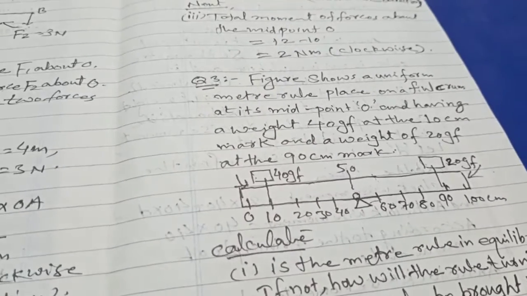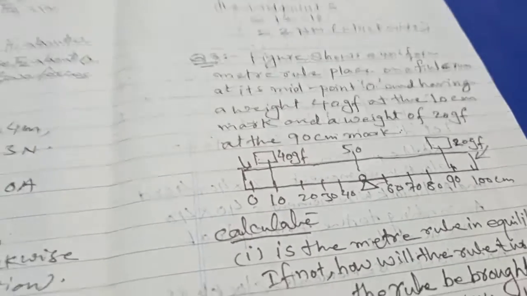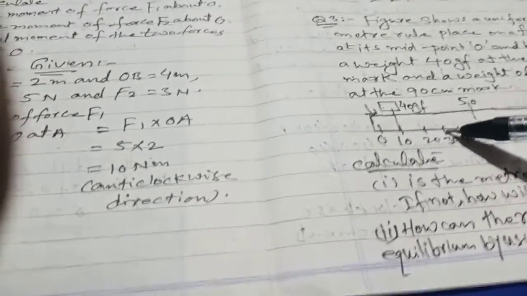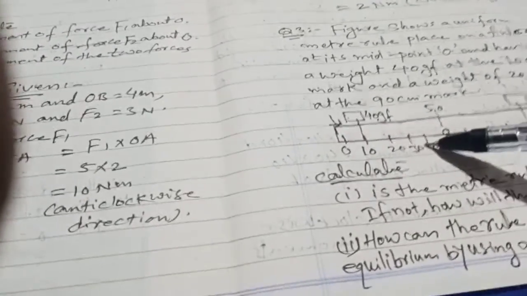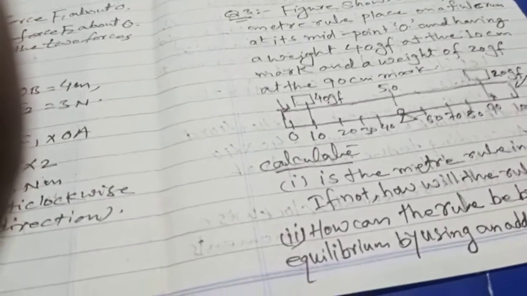So see the distance from the midpoint to the 40 gf at the 10 mark. See the diagram: 10 to 20 is 10, 20 to 30 is 20, 30 to 40 is 30, and 40 to 50 is 40. Same for the right-hand side, the 90 mark.